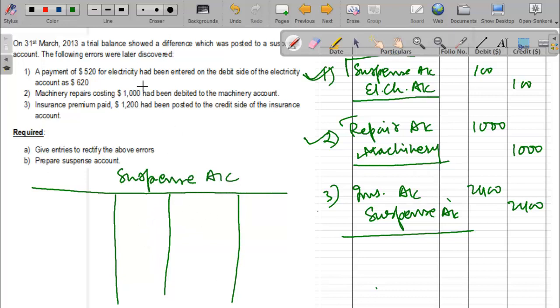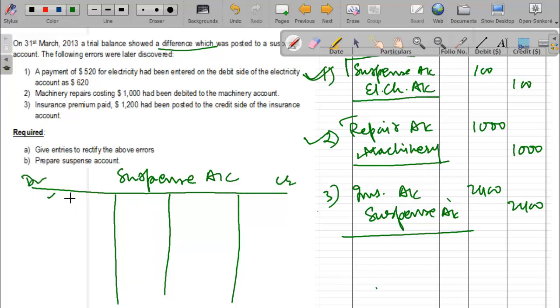We know the difference is there in the trial balance, but we don't know what the amount of difference is, and on which side, debit side or credit side. So leave one line blank on both the debit side and credit side.